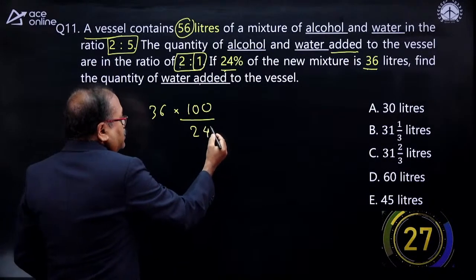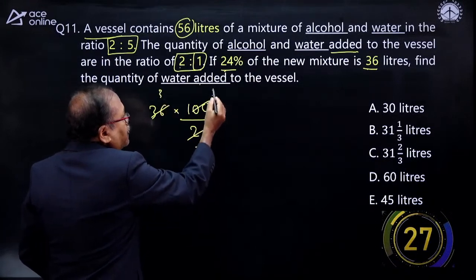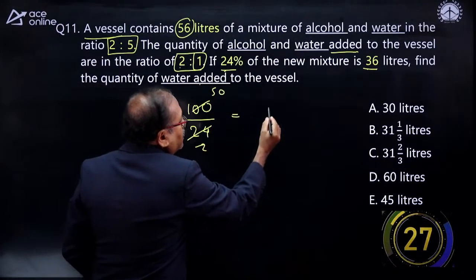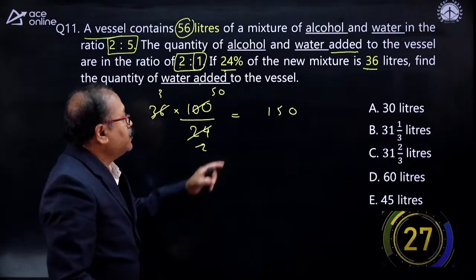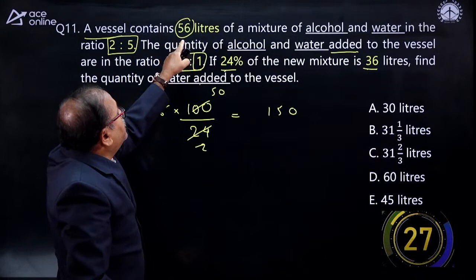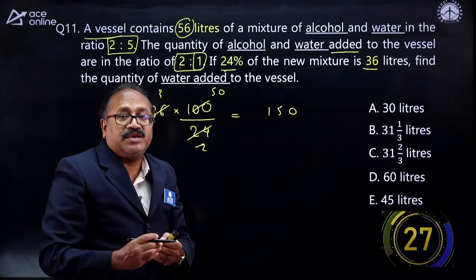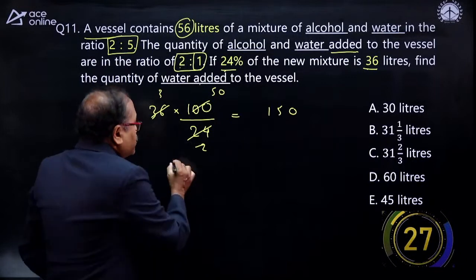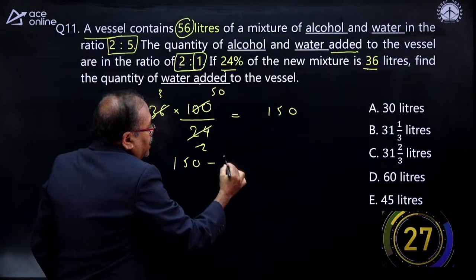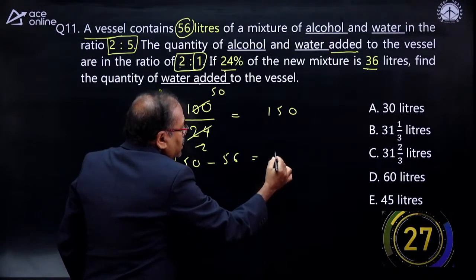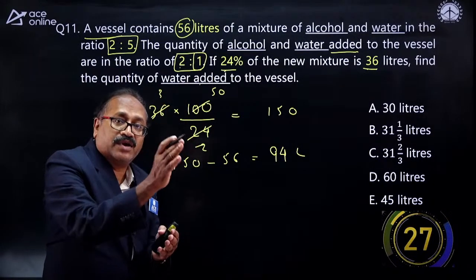Cancelling this with 12, 2 times, with 12, 3 times, and with 2, this is 50. 50 into 3 is 150. This is the new mixture. And from this new mixture, if I take out 56 liters, I will find the added mixture. So 150 minus the old mixture, that is 56, gives us 94 liters.